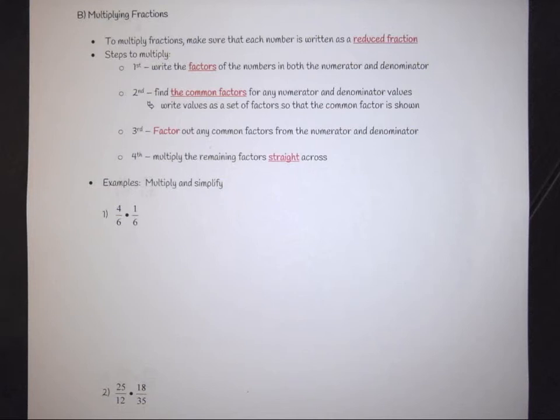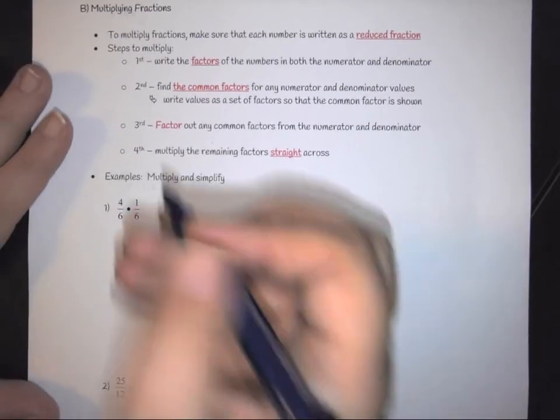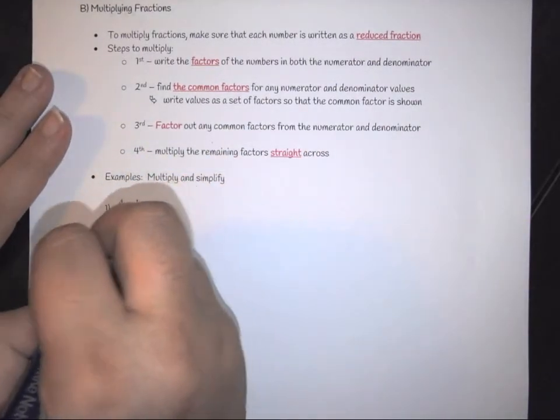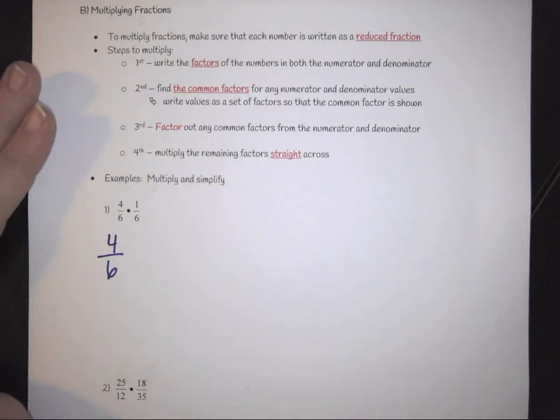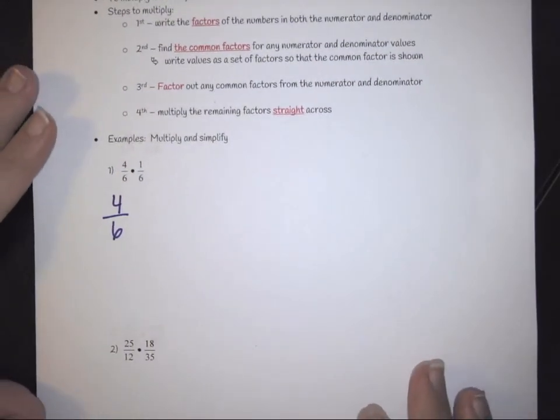So when I'm looking at this, my first one, I have 4 over 6 times 1 over 6. The first thing I want to do is, again, check to see if I can reduce. So I'm going to look at 4 over 6. Well, that one's pretty simple. Both 4 and 6 are even.